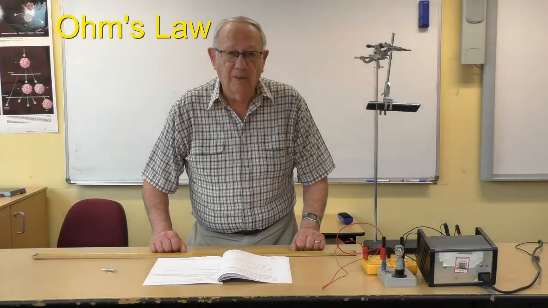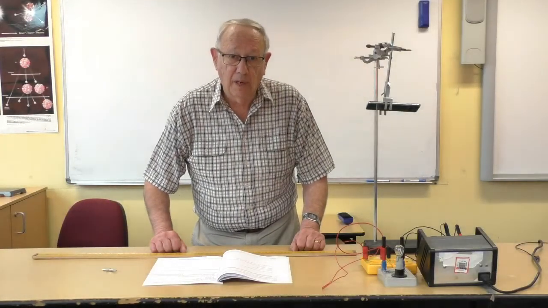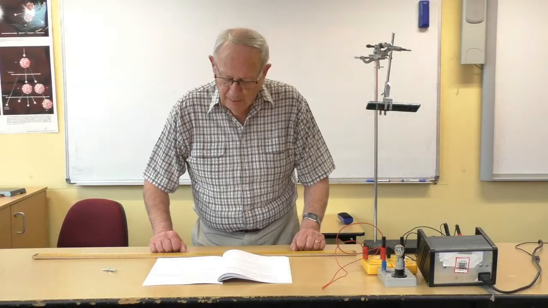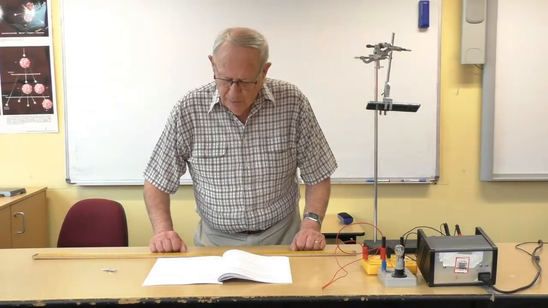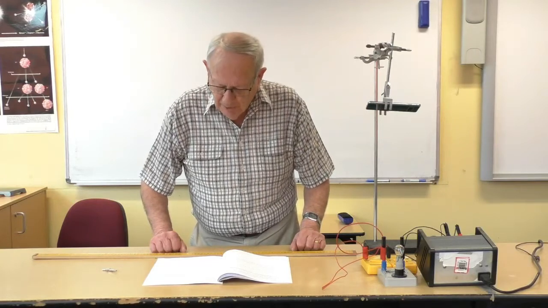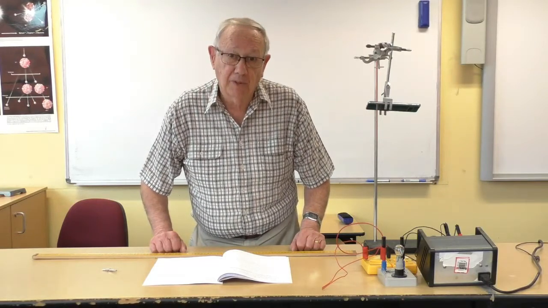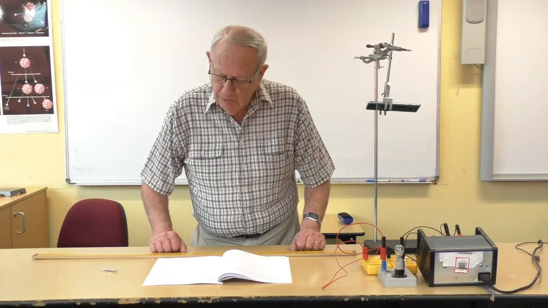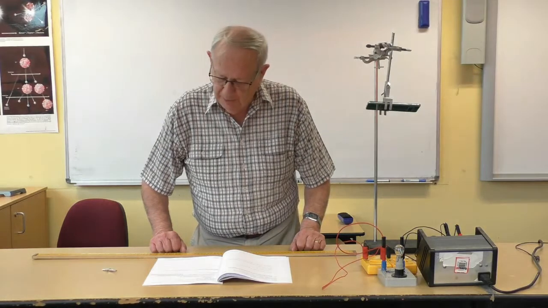In this practical, what we're going to do is have a look at Ohm's law, and in particular, we're going to find the relationship between potential difference, measured in volts, across two different conductors or resistors.